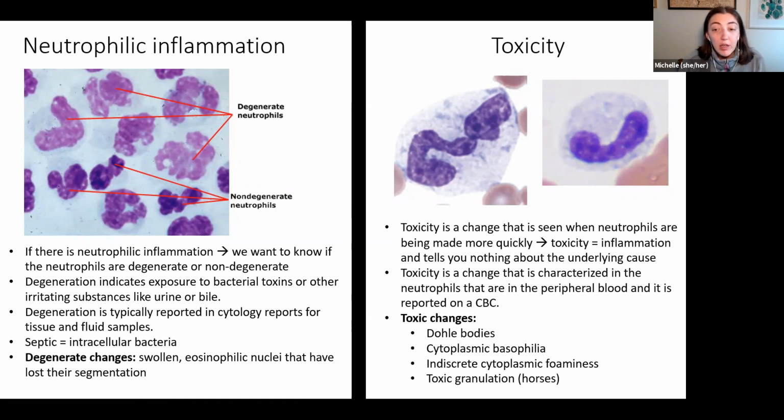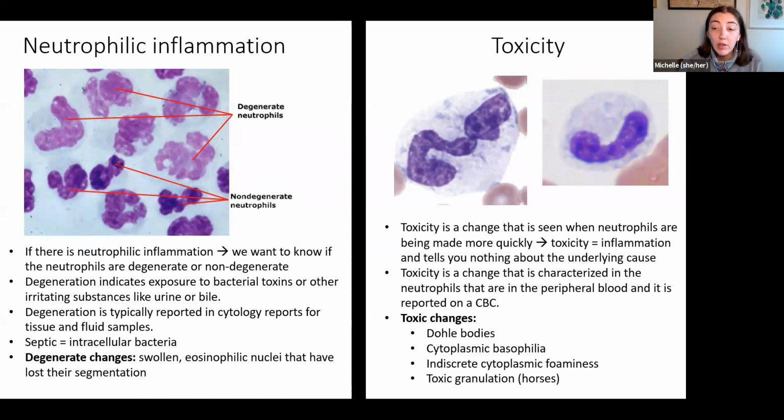But basically with toxicity, this is a change that we're seeing reported on the CBC. So you're only going to see toxicity reported on the CBC. It is a change that we see when neutrophils are being made too quickly. So toxicity happens when we have inflammation. That's it. It doesn't tell you anything about the inflammation.